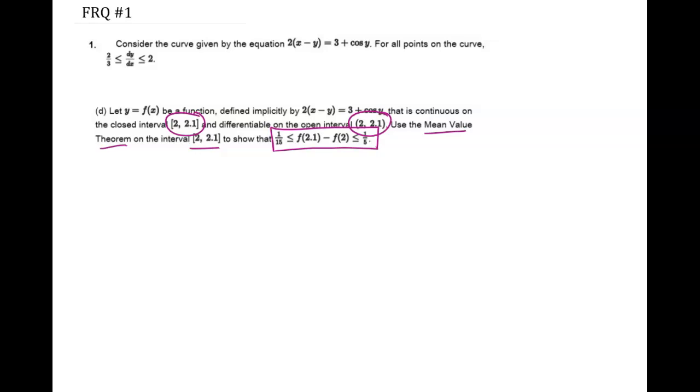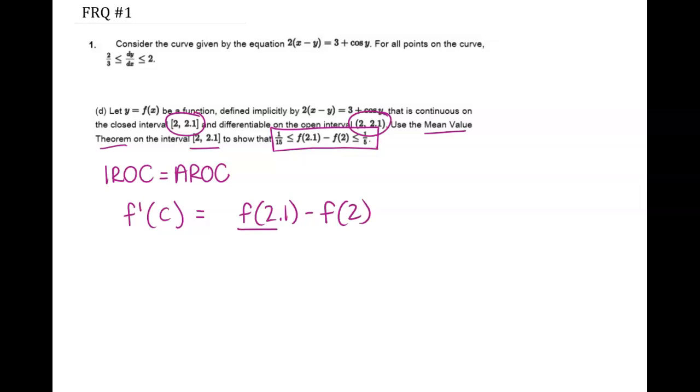Big picture, it says that the instantaneous rate of change is equal to the average rate of change at some point on that continuous closed interval and differentiable open interval. Meaning, f prime of some c is going to equal f of 2.1 minus f of 2 over 0.1.